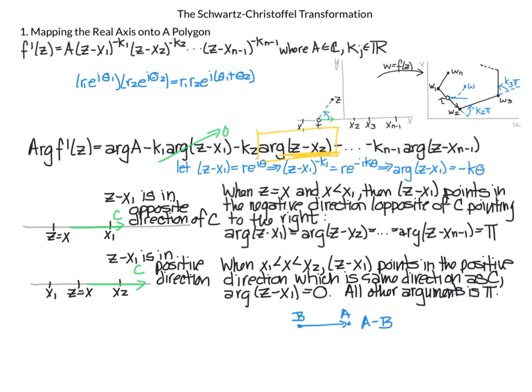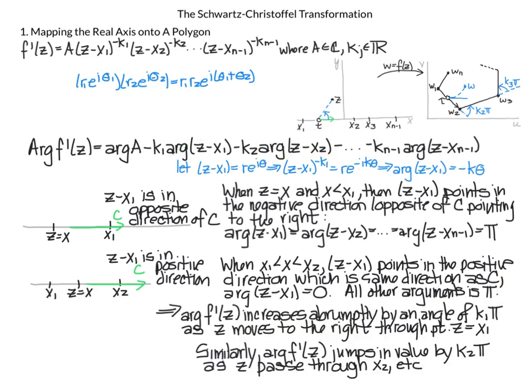So z minus x2. And remember, when we have a vector minus a vector, the second vector is the starting point. So we're starting at x2 and we're going to z. So in other words, starting at x2 and going to z, we're going to be going in the opposite direction as c. So in other words, we're at 180 degrees, or pi radians.